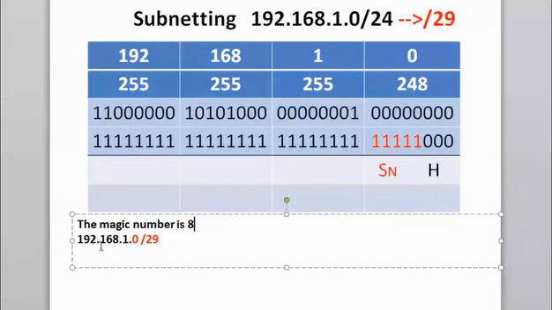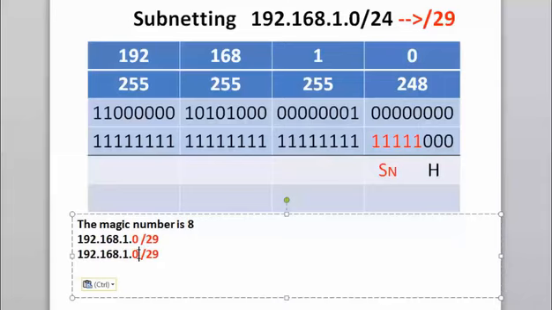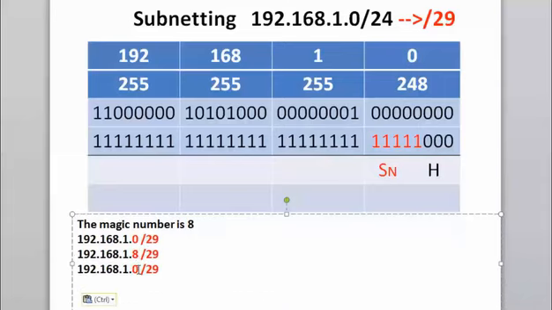The networks will go up in increments of 8. So starting from 0, we'll have the 8 network and the 16 network and the 24 network, and so on and so forth, all subnets being /29.